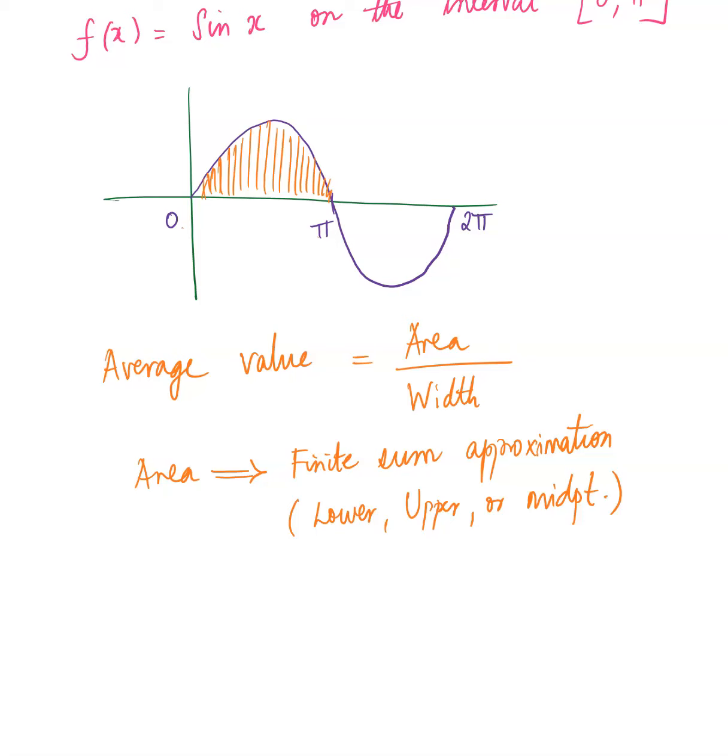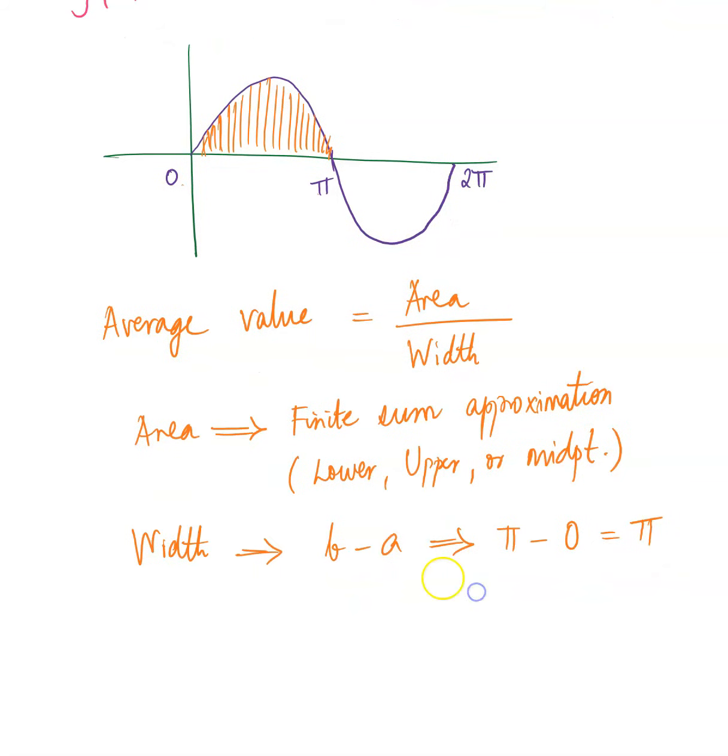So no matter what method you use, use as many rectangles as possible. The width is b minus a, which is pi minus 0, which is pi. So we have the width already, we need to find the area, and then area over width will give us the average value.